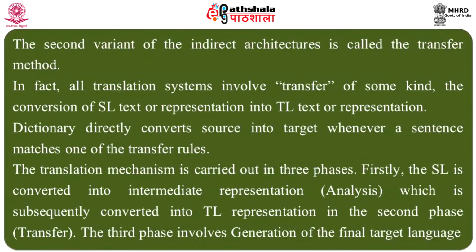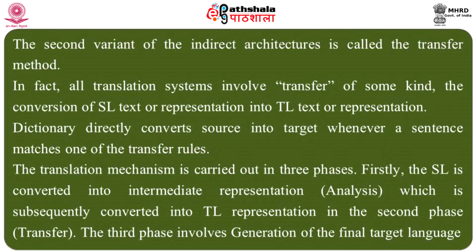The second variant of the indirect architectures is called the transfer method. In fact, all translation systems involve transfer of some kind, that is, the conversion of SL text into the TL text. The dictionary directly converts source into target whenever a sentence matches one of the transfer rules.